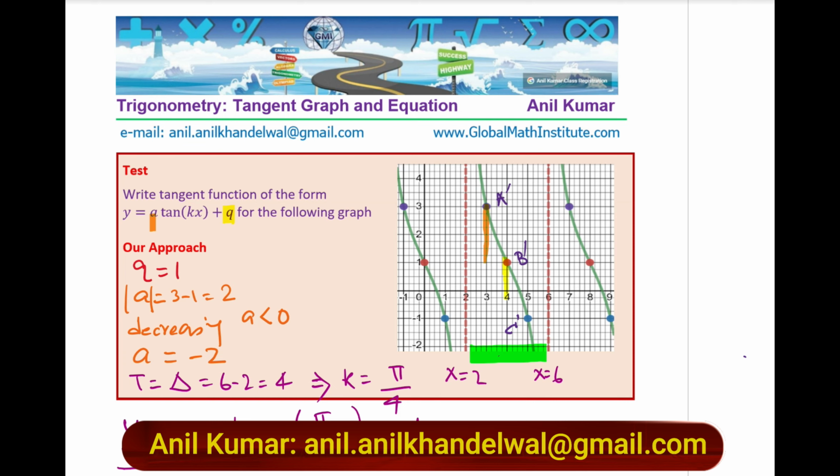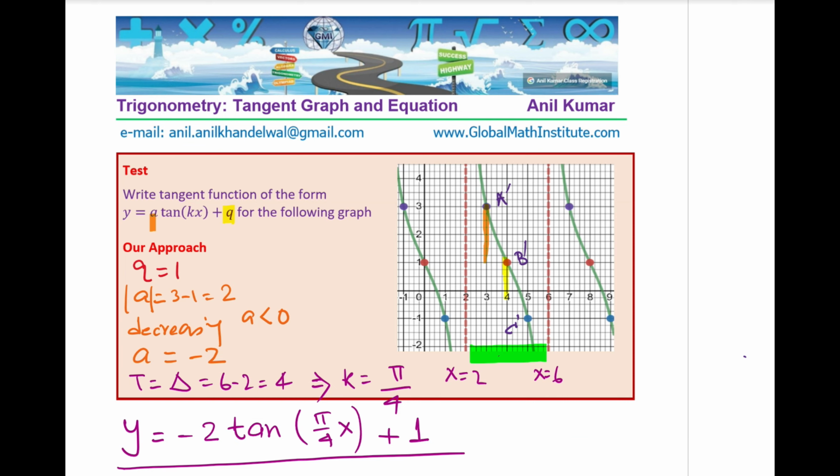Is that clear to you? So that is how very easily we can actually find the equation of the tangent graph without doing much calculation. So remember, the tangent graph is always increasing. If we are given a graph which is decreasing, that means the a value must be negative. The center point of the three critical points normally would be at 0, 0.